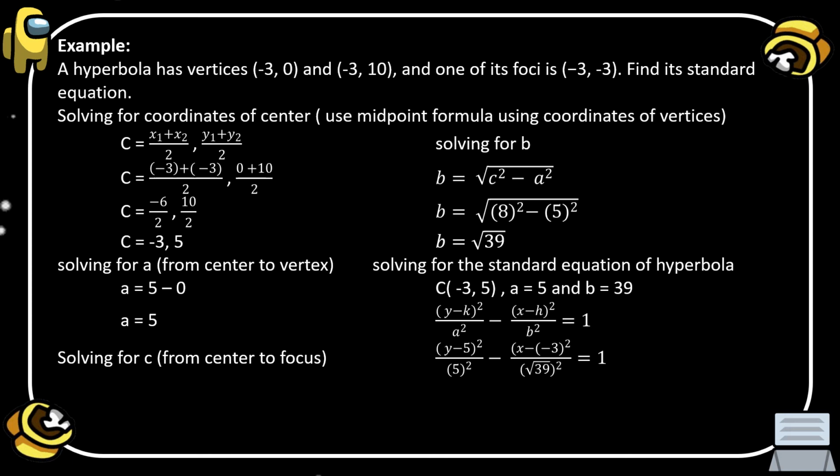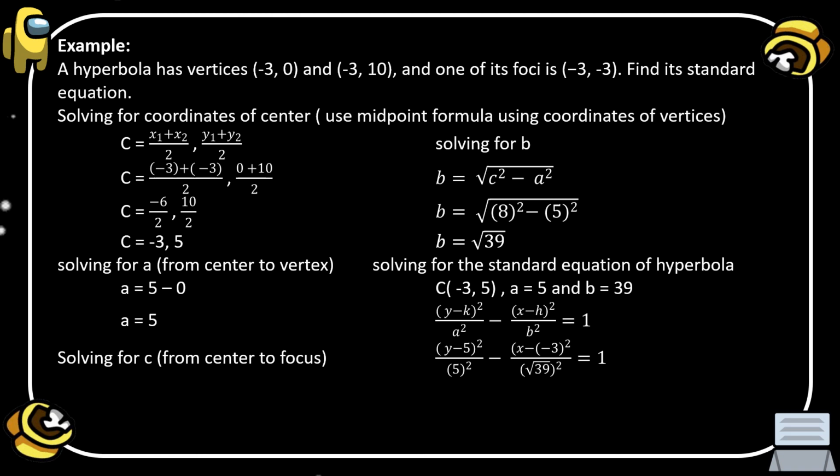So, from the center going to the focus, let us look at the focus. The coordinate of the focus is negative 3, negative 3, while the center is negative 3, 5. So, we base on the distance of y, not on the distance of x, because that would be 0. Notice that our hyperbola is vertical. So, we base on y.